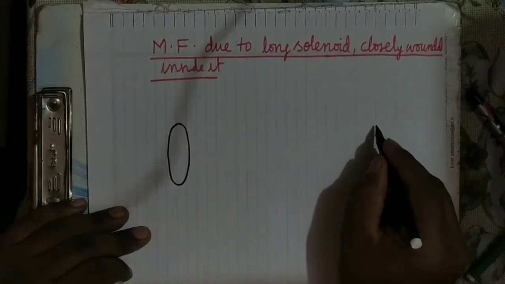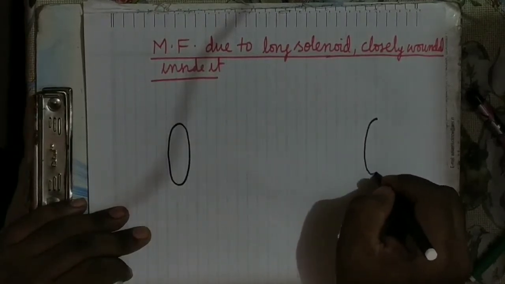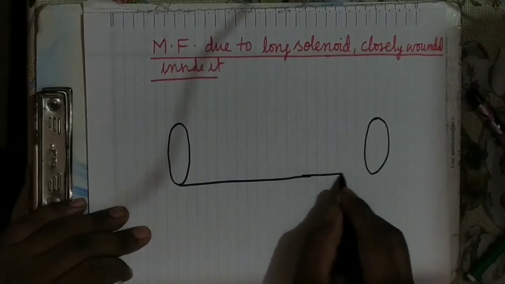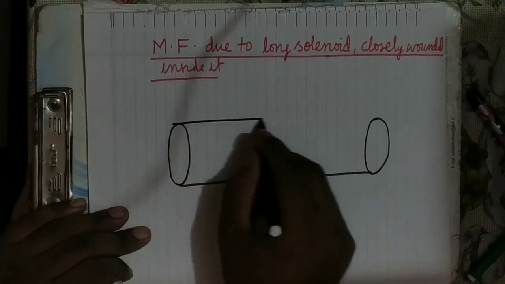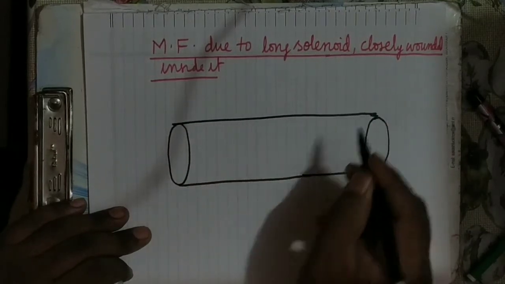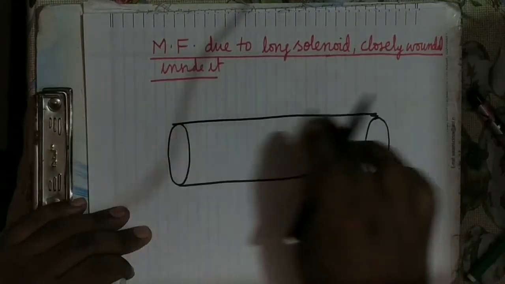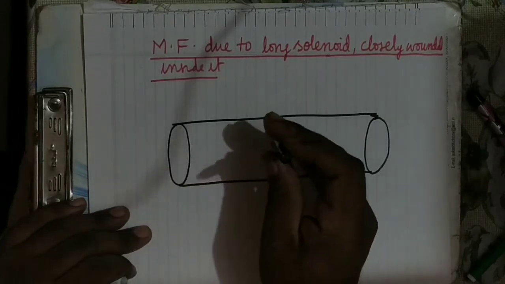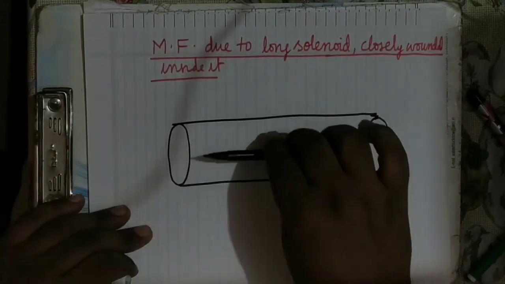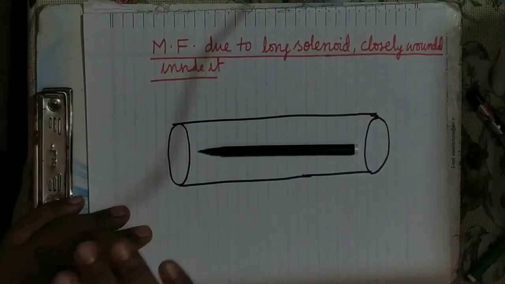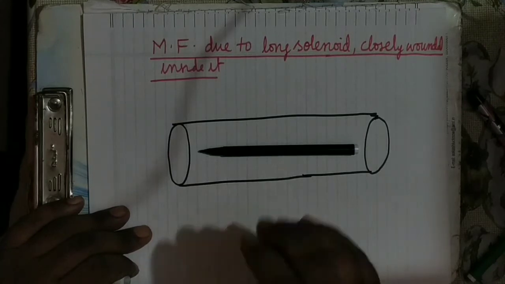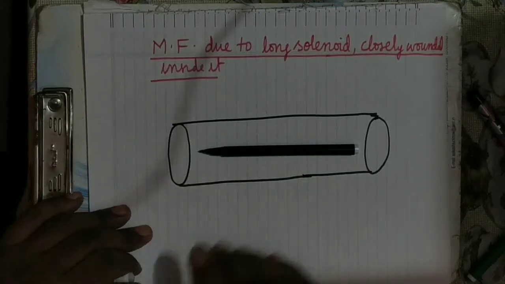We have assumed that this solenoid is situated on the plane of paper in such a way that half the portion is above the paper and half the portion is below the paper. It is not placed perpendicular.